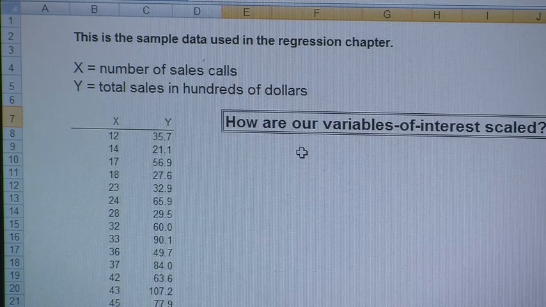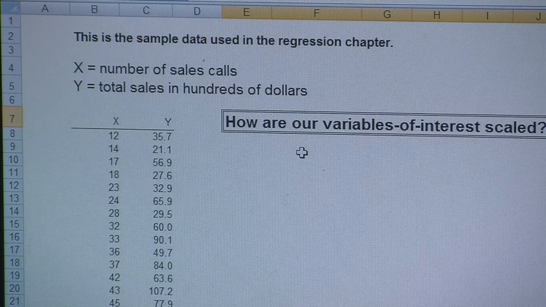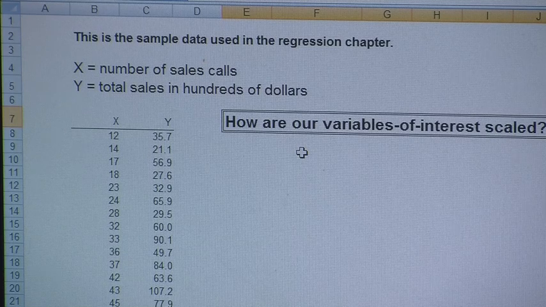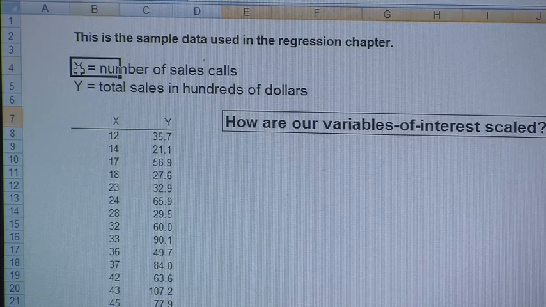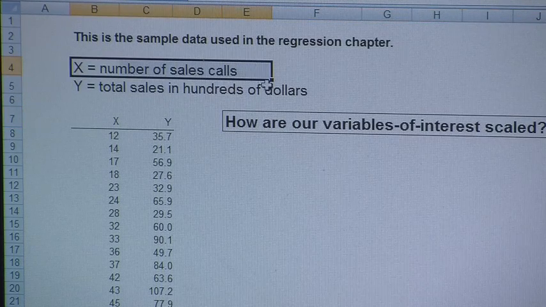The fewest number of sales calls that a person could make is zero. It has a true and natural zero, and the distance between, let's say, 2 sales calls and 3 sales calls is the same as that between, let's say, 18 sales calls and 19 sales calls. So we know for sure that our X variable is ratio scaled.